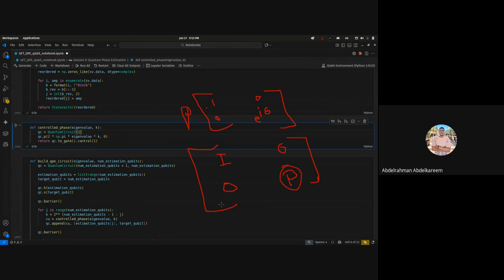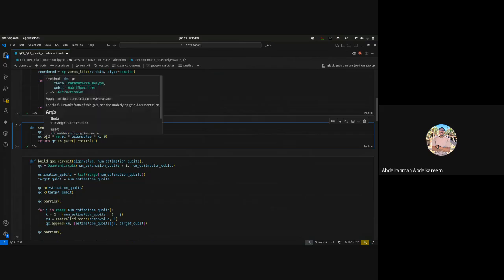So it's applying phase in case of all ones. So how to define it? We define a circuit of 1 qubit. Then we apply this gate with 2 to the power.